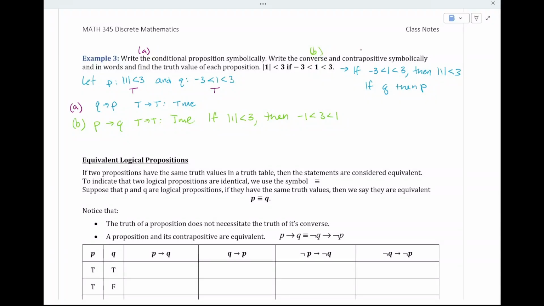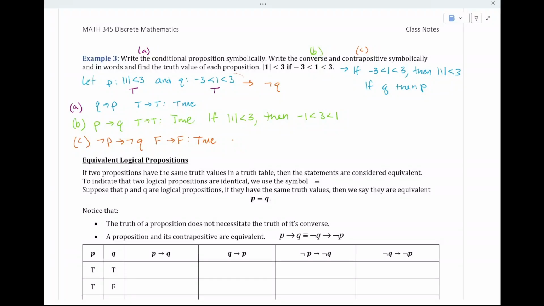And last up, contrapositive, symbolically and in words. The contrapositive of Q implies P is not P implies not Q. And that is false implies false, which is true.